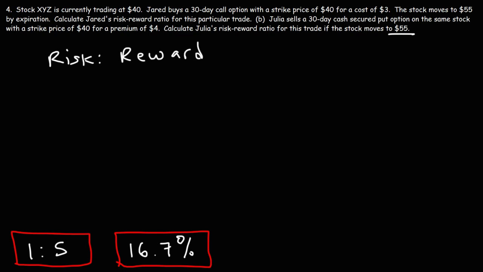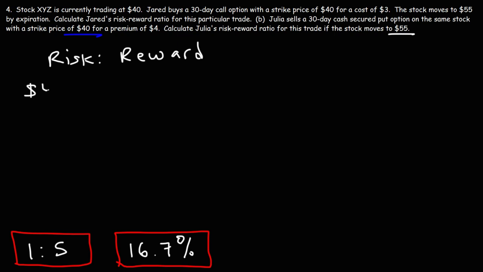So how much is at risk? Julia is under obligation to potentially buy stock at $40, and keep in mind every option controls 100 shares. So she's at risk of buying 100 shares at $40. Thus, the most that she can lose is the value of those shares, 40 times 100.